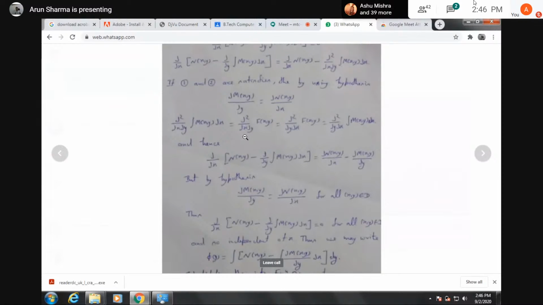Because if you see equation 1, in that equation you have the integration of M(x,y) dx plus ψ(y) equals f(x,y). So if you take that ψ(y), what will happen?